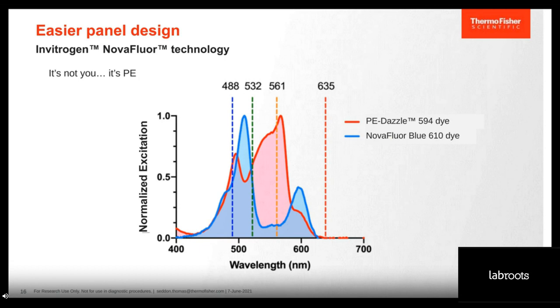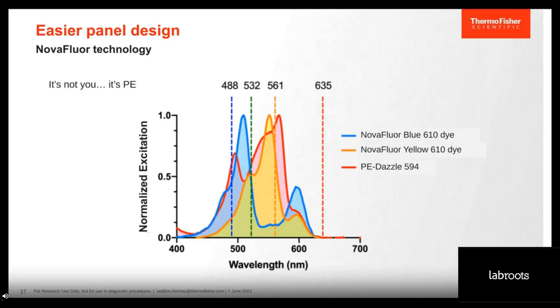Whereas NovaFluor Blue 610 is excited primarily off the 488 nanometer laser and not so much off the yellow-green, whereas NovaFluor Yellow 610 is excited primarily by the yellow-green laser and not so much by the blue laser. And so this allows you to get this 2-for-1 idea.